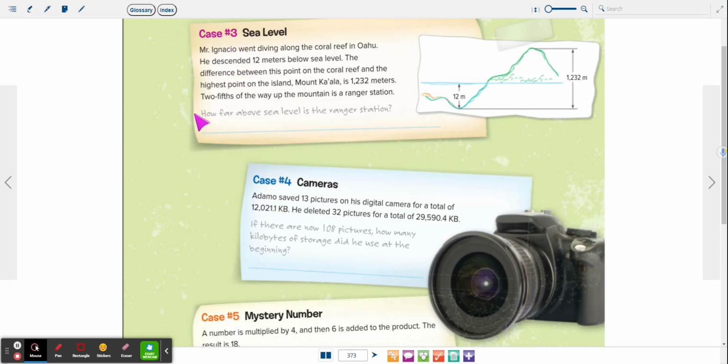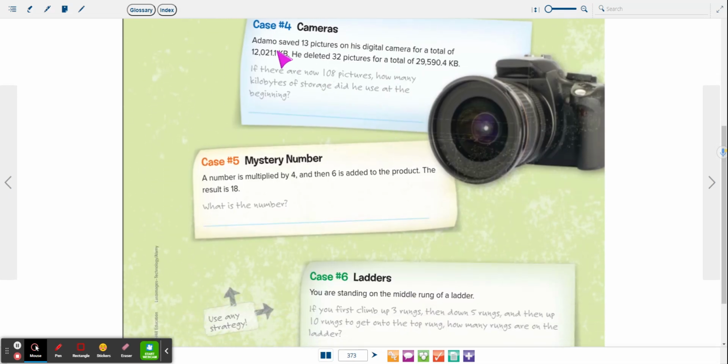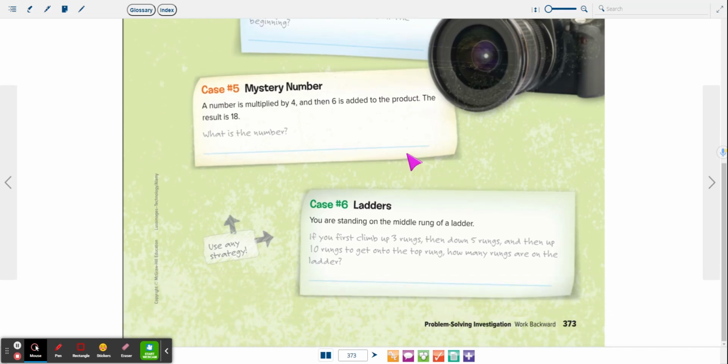Okay, so you're going to read this, work that out, read number 4 and work it out, read number 5, read number 6. It says you can use any strategy on 5 and 6. Might be easier to work backwards on this one though.